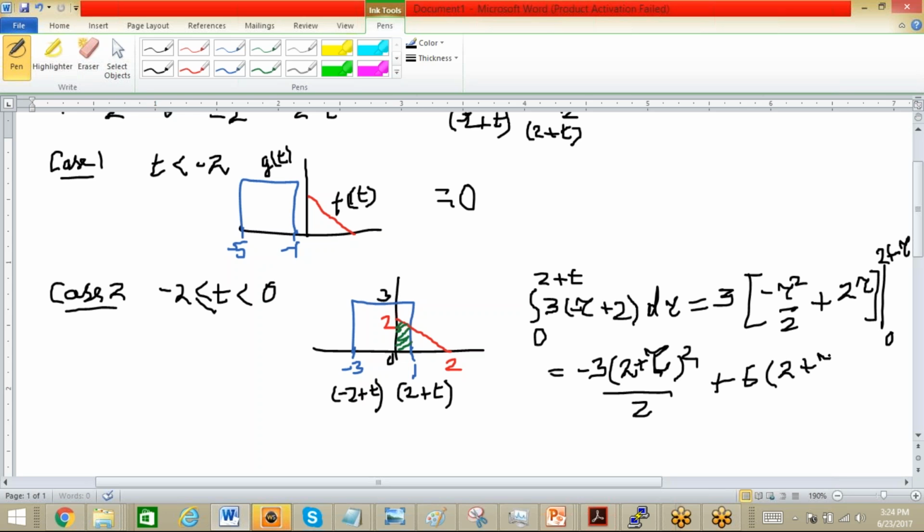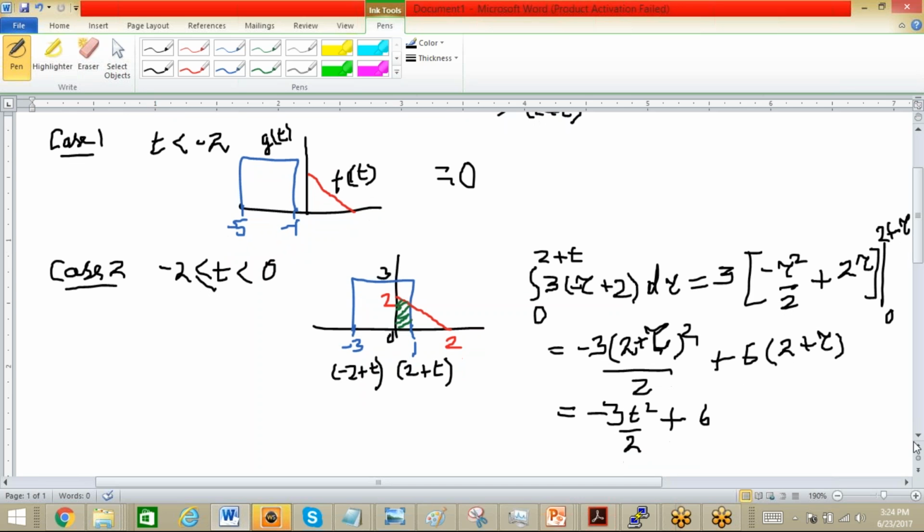If you take the sum of this once you solve it, you will get minus 3 tau square by 2 plus 6. This is your second case.